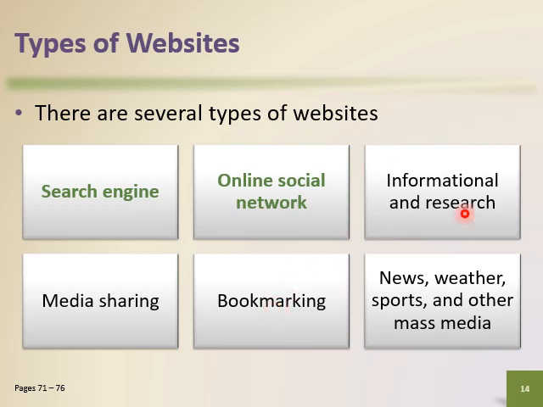And then we have bookmarking websites. A bookmarking site is a website that enables you to organize, tag, and share links to media and other online content. Here you are tagging people.